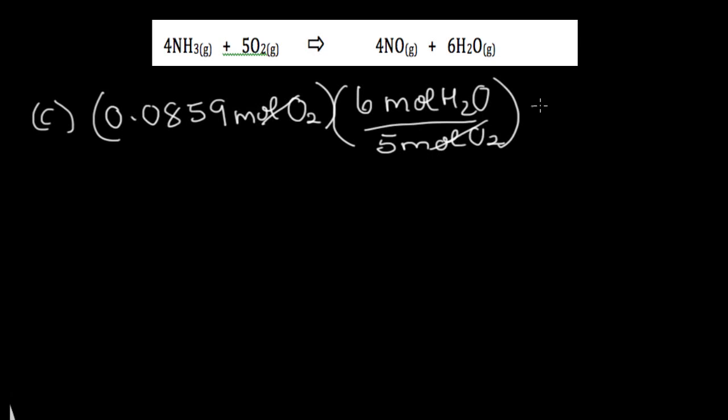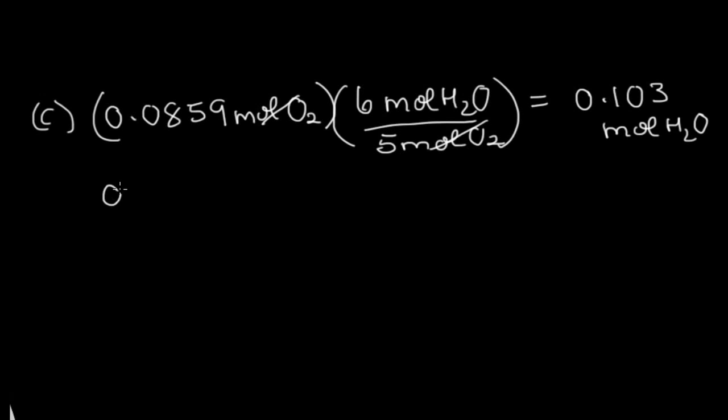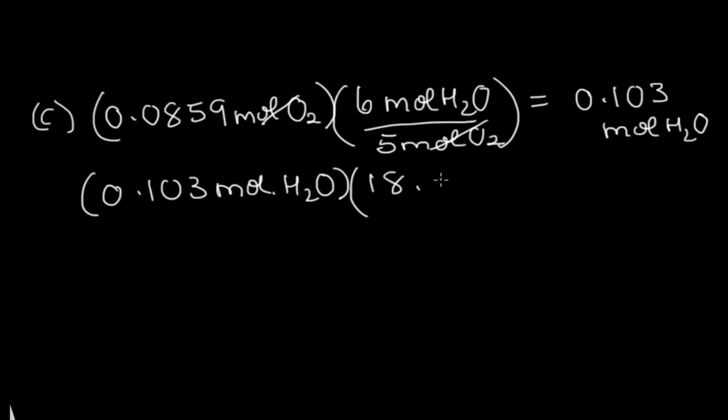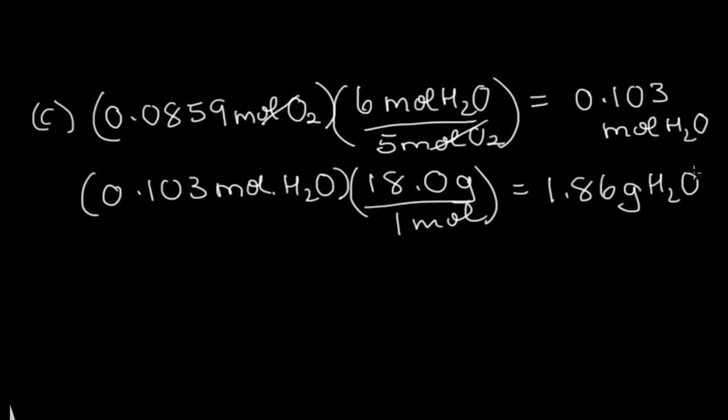Those moles of O2 go out, giving us 0.103 moles of H2O, and we convert that to a mass, 0.103 moles of H2O multiplied by the molar mass of H2O, which is 18.0 to 3 sig figs, and this gives us a total of 1.86 grams of H2O.